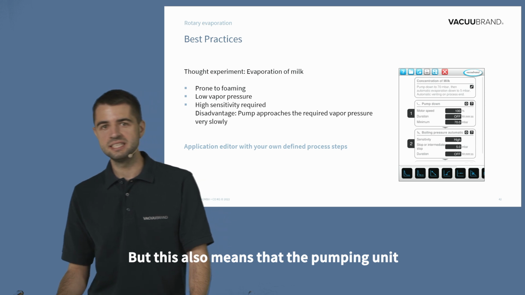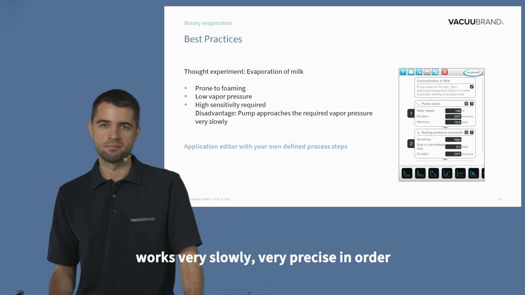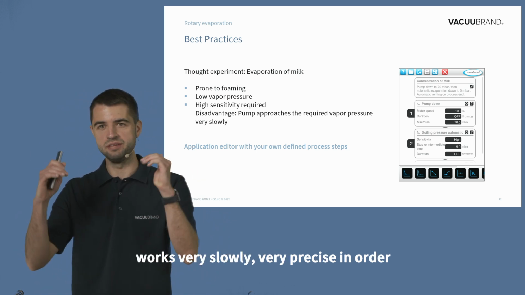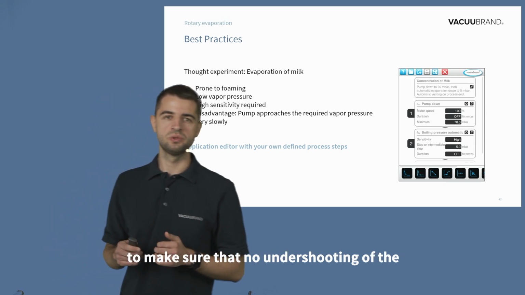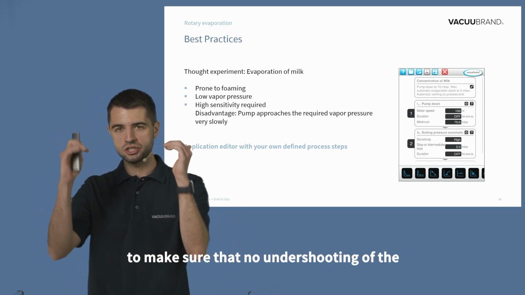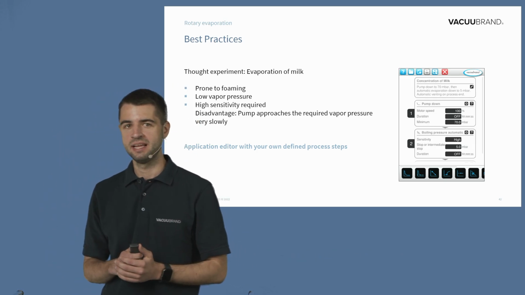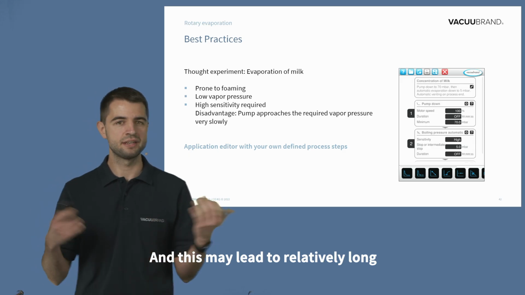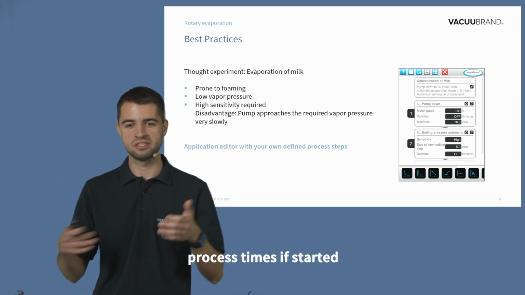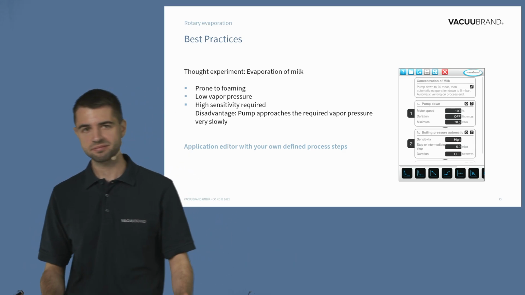But this also means that the pumping unit works very slowly, very precisely, in order to make sure that no undershooting of the vapor pressure is happening. And this may lead to relatively long process times if started from atmospheric pressure.